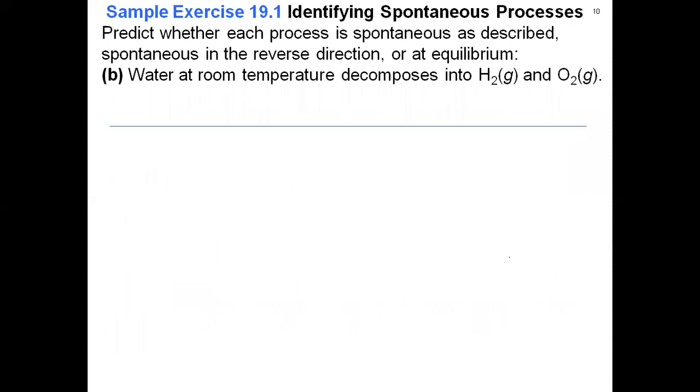Right. So the second example is to predict whether water at room temperature decomposes into H2 gas and O2 gas. Well, we have not really learned those kinds of physical quantities yet. So to predict that, you will take a chance or do ballpark guessing, because you need to know whether a chemical process is spontaneous or not.